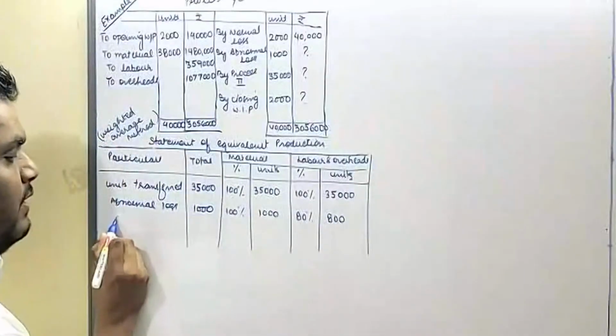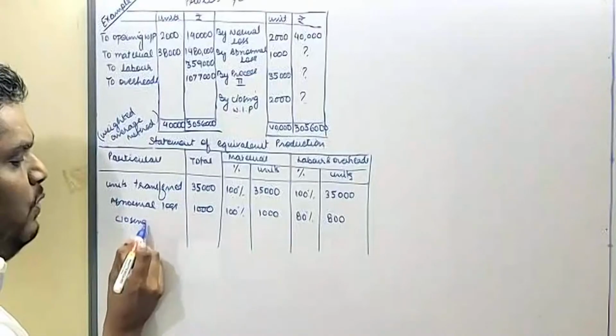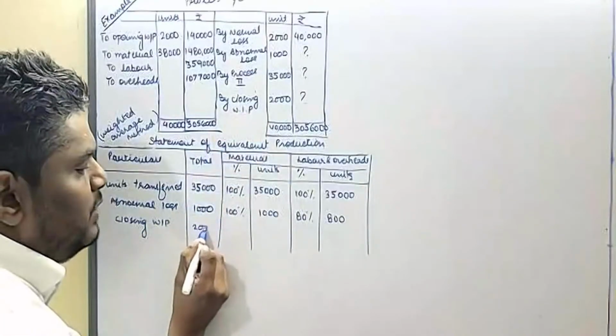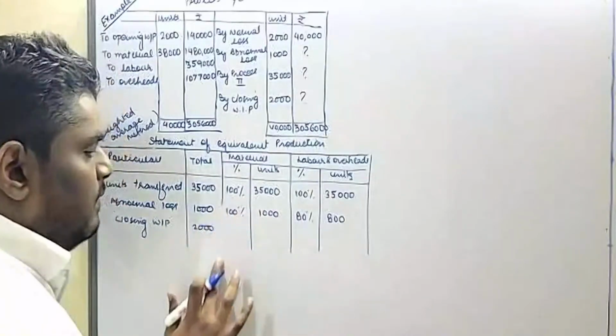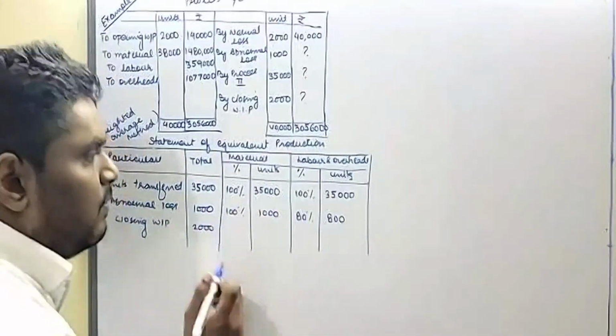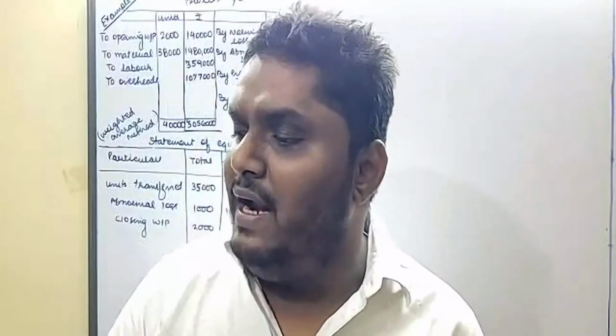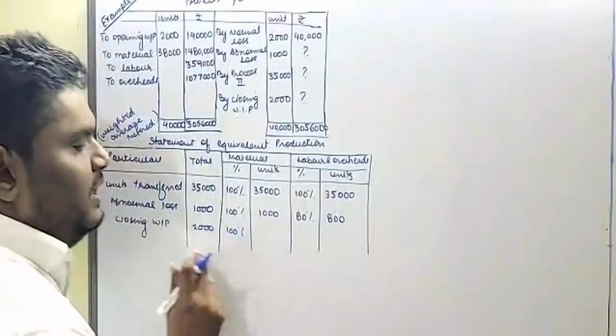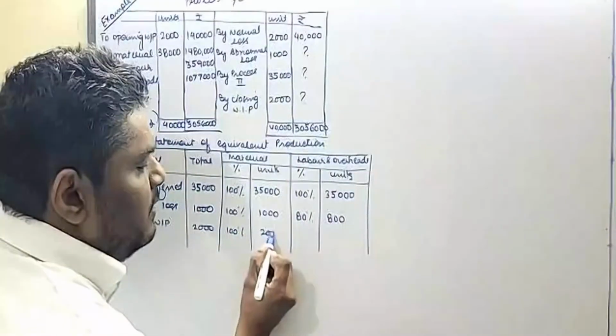The next is closing work in progress. The number of units are 2,000. When talking about the percentage of completion of closing work in progress, that is also given in the question, that is 100% and 80%. So 100% material is introduced in respect of these 2,000 units.